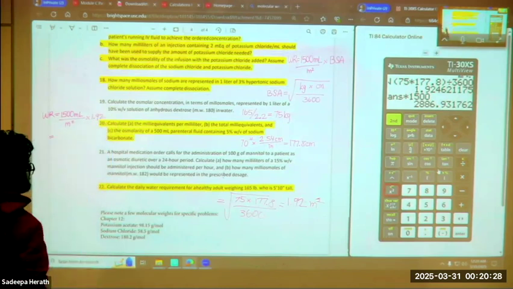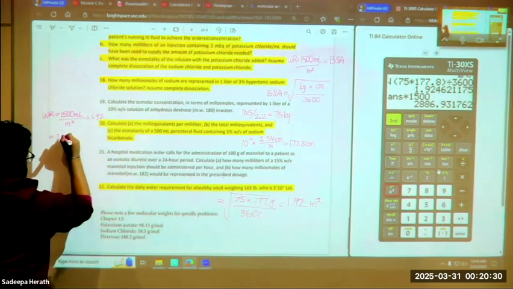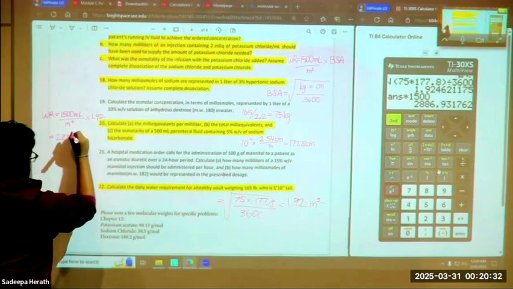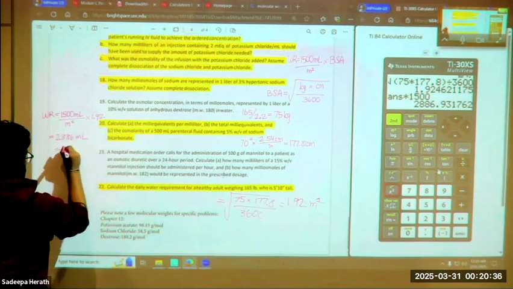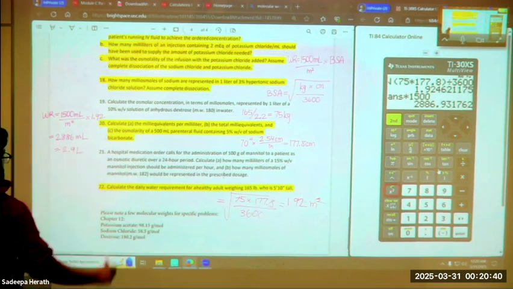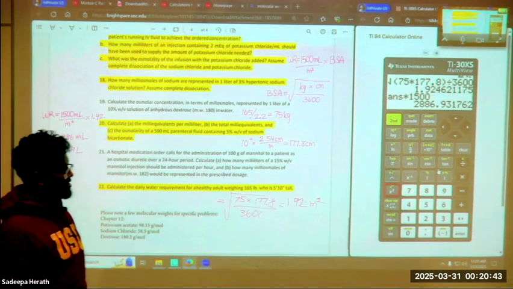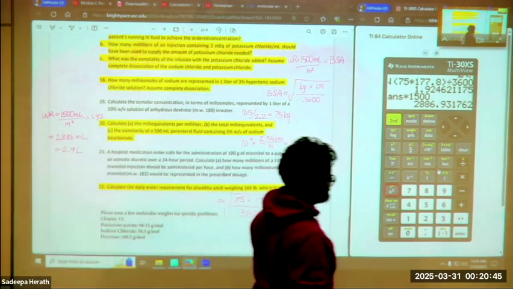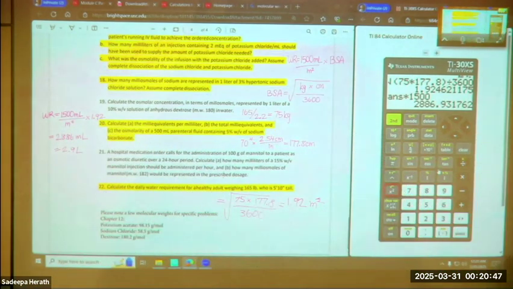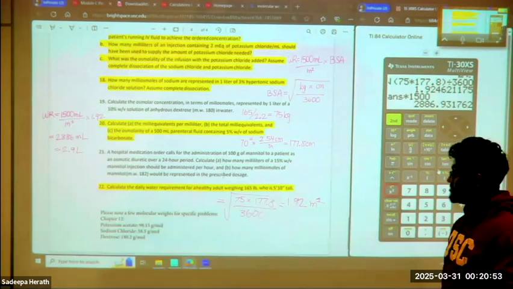That equals about 2,886 mL. If you want to be more specific or relative, about 2.9 liters. And, you know, run accordingly, depending on what you need it around to.